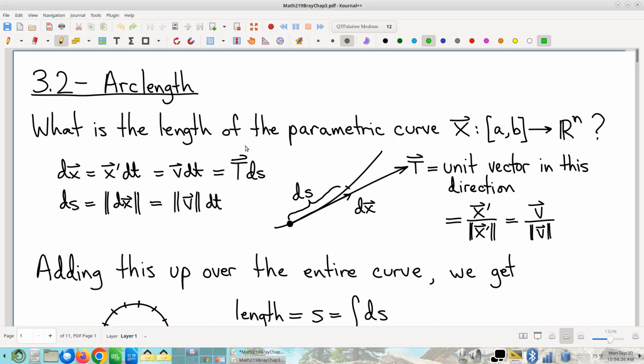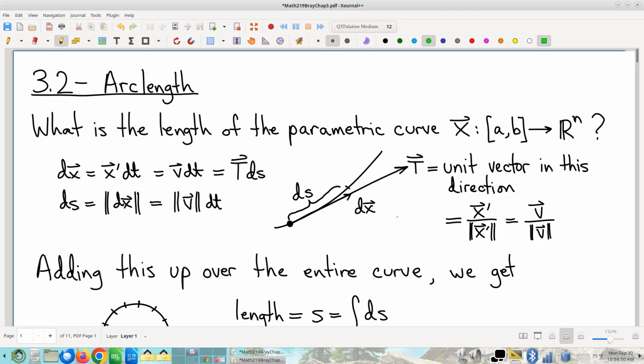Okay, so here's our scenario. Suppose we have a parametric curve. So position is a function of time, right? Time starting at A, ending at B. That traces out a finite parametric curve.